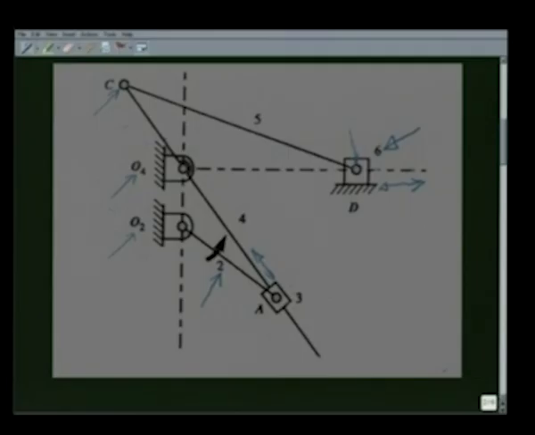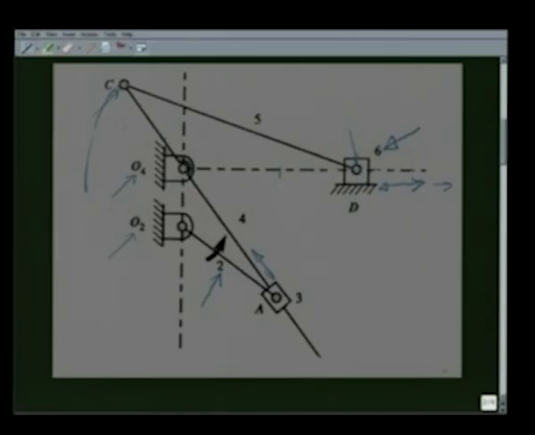First thing to note is that the stroke of the tool, that is this link 6, is entirely decided by the length O4C. When D goes to the rightmost position in this direction, C comes on this line, and O4C and CD become collinear. Similarly, for the leftmost position of this link 6, again O4C and CD become collinear, but C comes on this side on the line O4D.